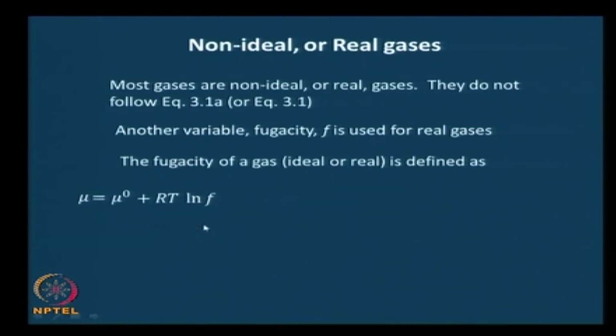This is not the complete definition. We should also add that F, fugacity, divided by total pressure P tends to 1 as the pressure tends to 0. This is the complete definition for a gas, whether real or ideal. Let us call this equation 3.1b.